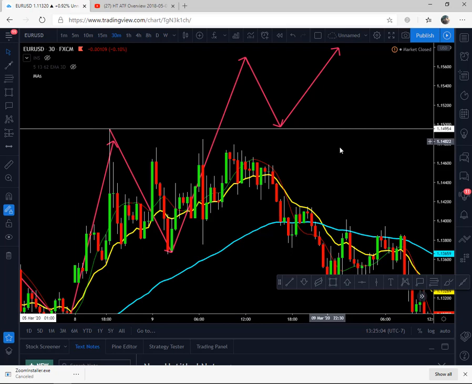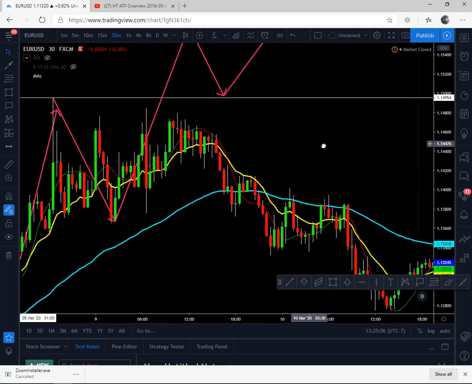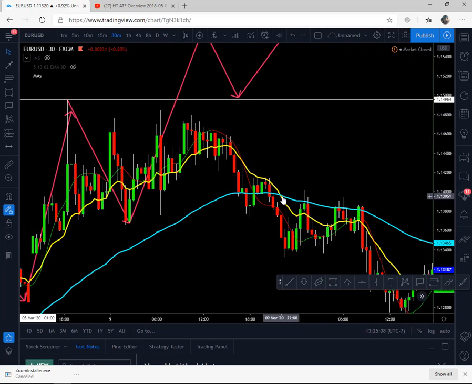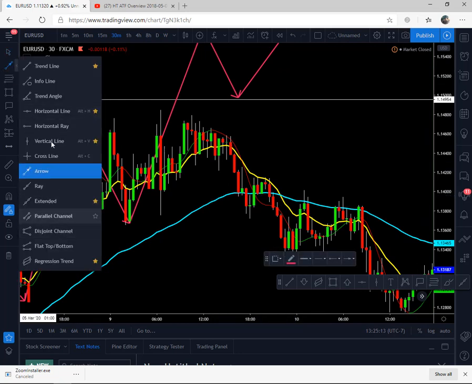So because this didn't happen, the price eventually turned around, and this was a new 13 62 cross. Again, every time you see a 13 62 cross, that signifies that there's a potential for a new trend direction.